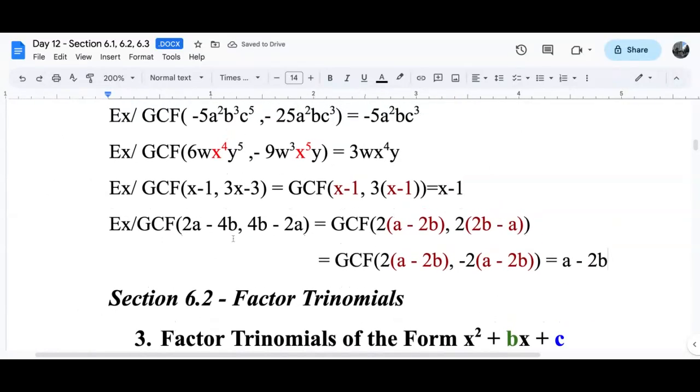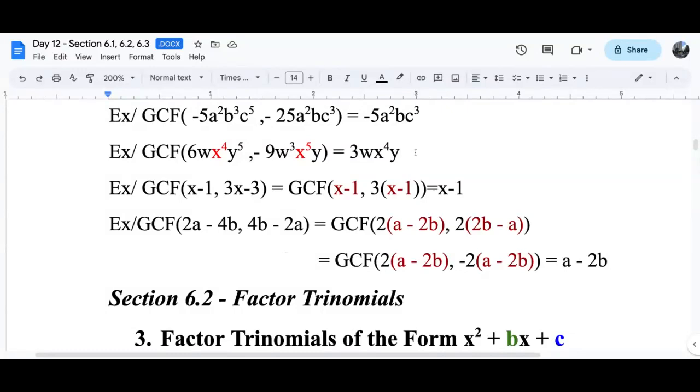Take a close look at this. But I'm going to give you an example of two expressions that have 2ab as a common factor, to compare with this.